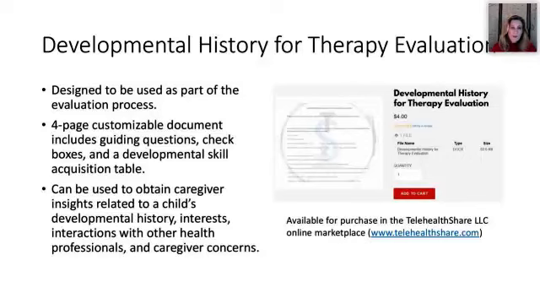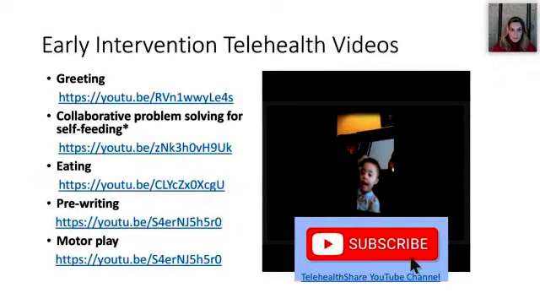It also highlights some of their favorite toys and things that might help inform the therapy process and planning for interventions. And so it's a really nice resource to capture that developmental history, the interests, the priorities of the caregiver, their concerns. And again, it's something that's available for you on that TelehealthShare website.